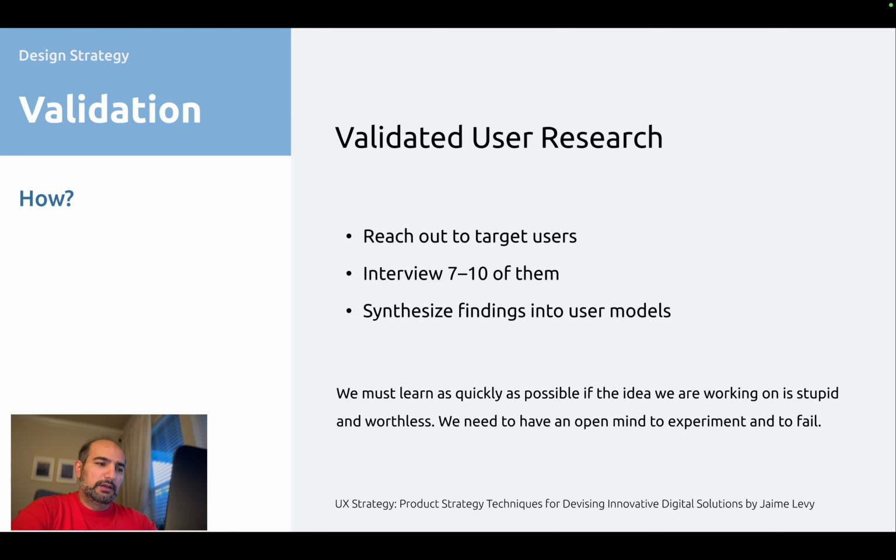So there are different techniques. But when you find the users, usually 7 to 10 users, you need to do an interview. Here I mentioned interview. It could be a survey as well, but interview works much better because you have the opportunity to explore all those things that come up in the conversation with your potential user.